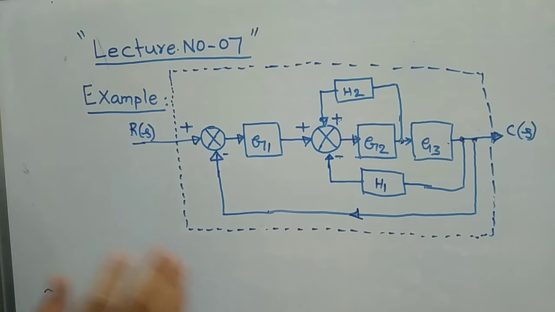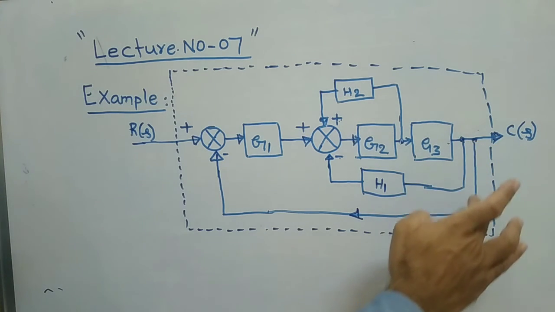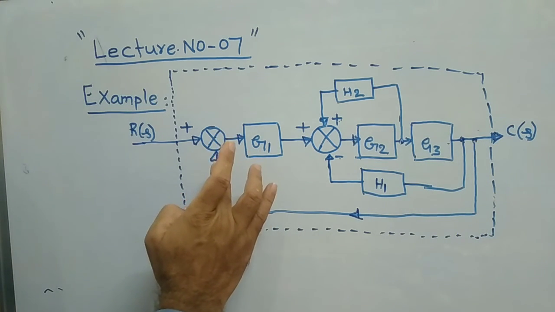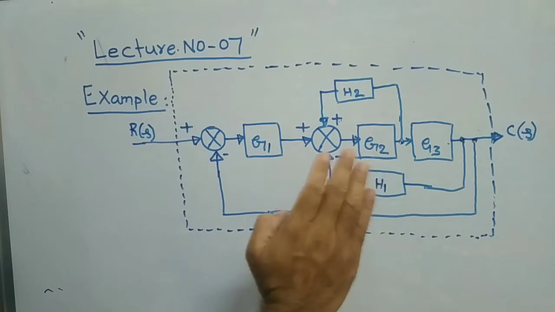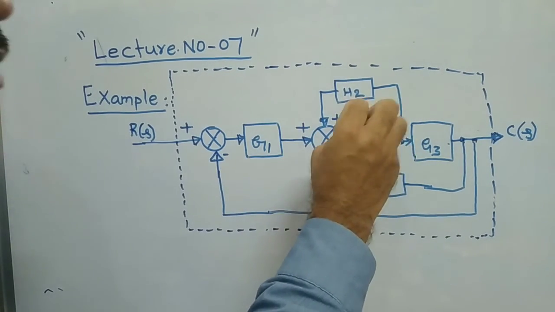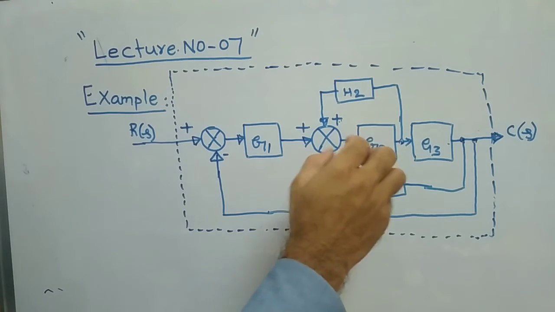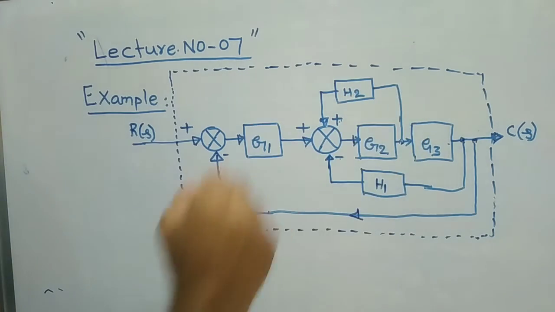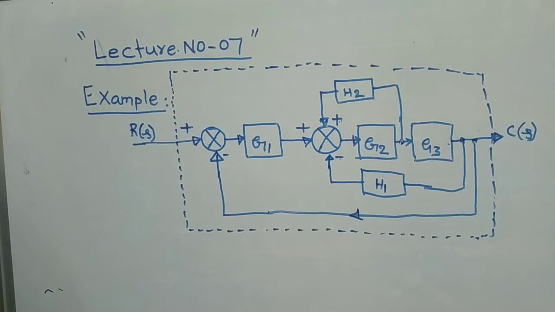Clear? That you should remember. Don't attempt the external feedback, the outermost feedback. Always focus on the internal one and simplify those loops. That is one point that we have to consider.